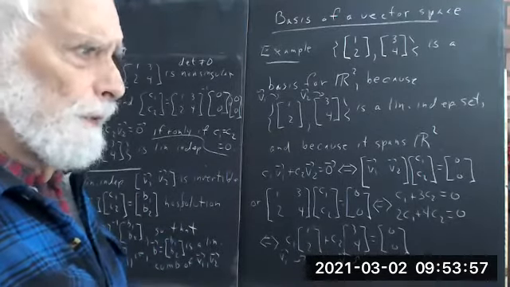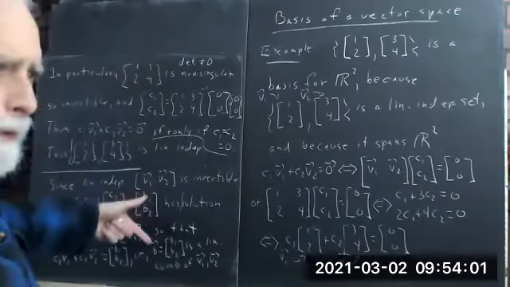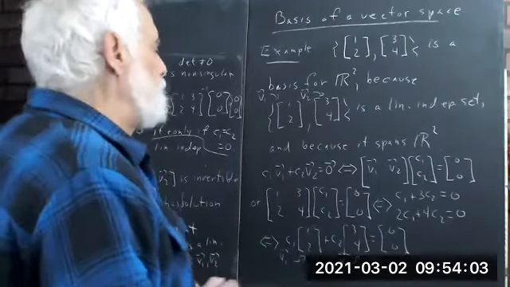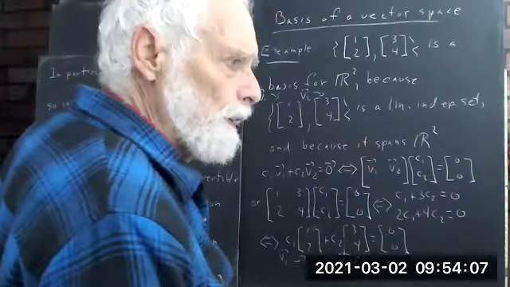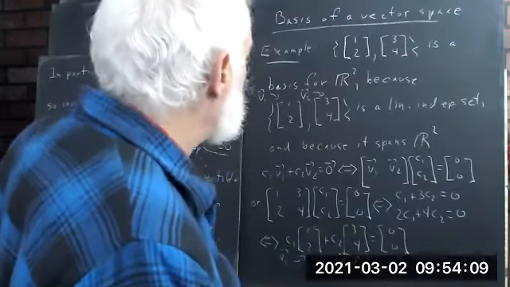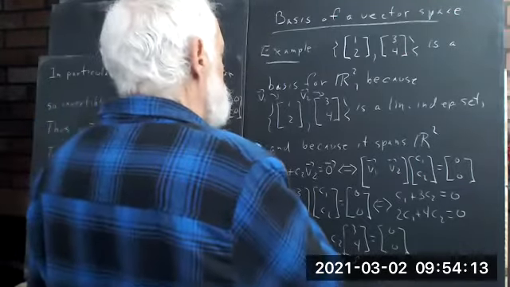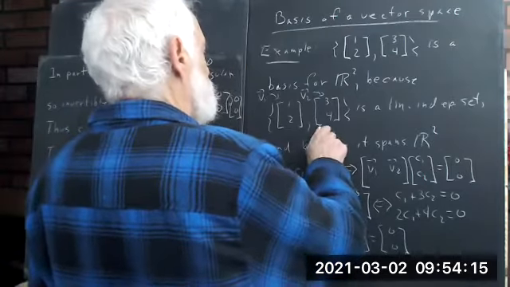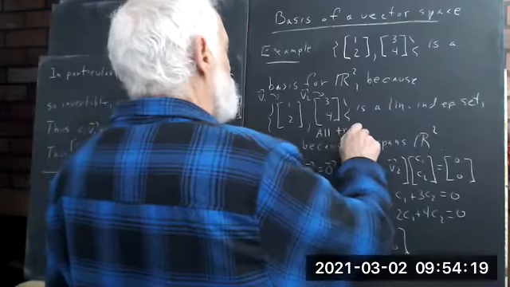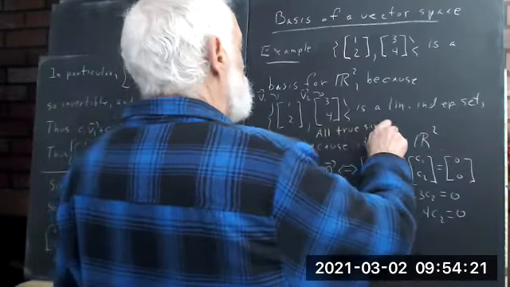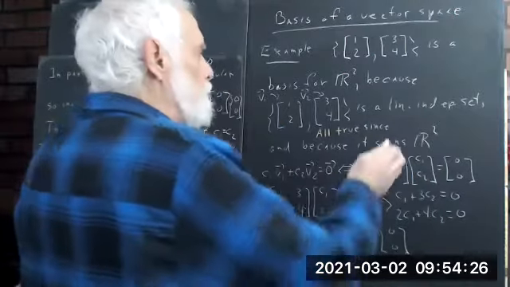So we've shown, I'd like to have a place to write this. We've shown, should have used a bigger board here, shouldn't I? Now I'm just going to kind of insert it where I've got a little bit of room to write here. All this is true, these two conditions.